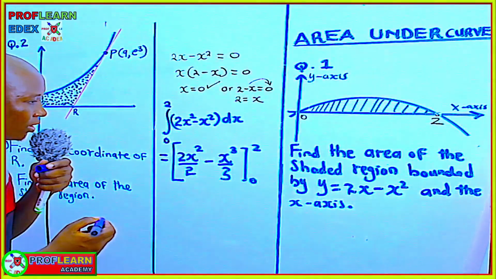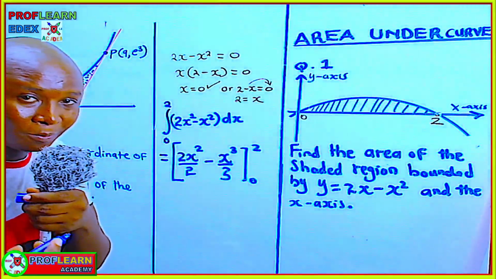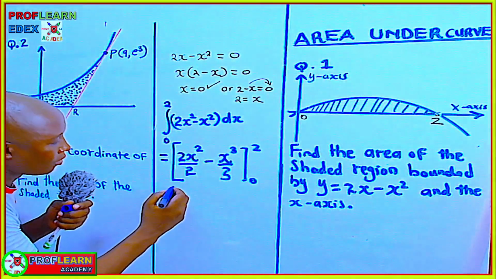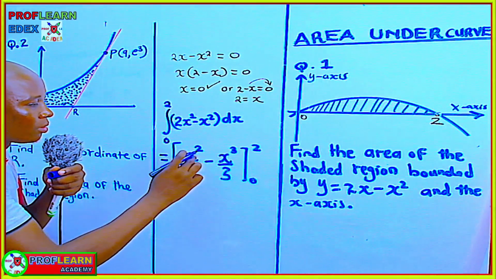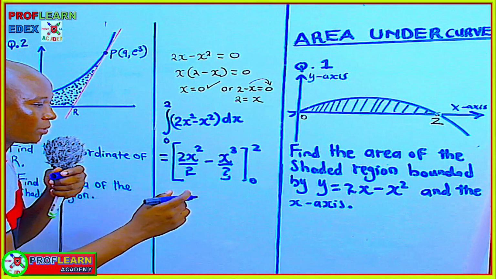Once you have achieved this point, we are almost home and dry. Now we substitute the upper limit anywhere you have x in this expression.